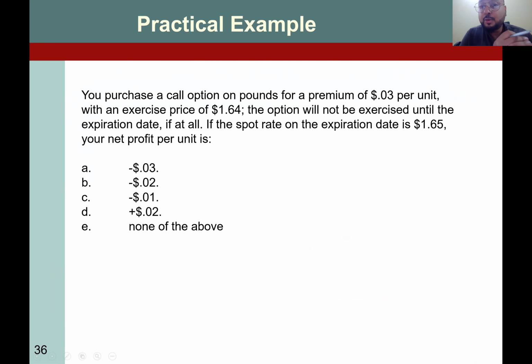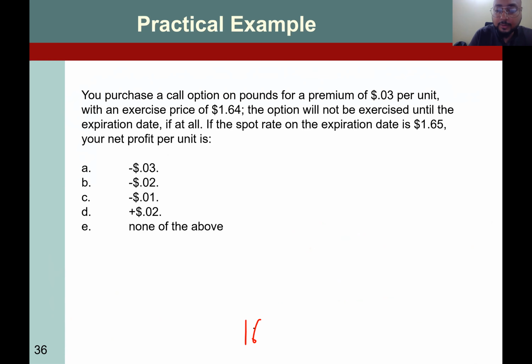You purchase a call option on pound for a premium of 0.03. So it means you pay the premium 0.03, with an exercise price of 1.64, sorry.